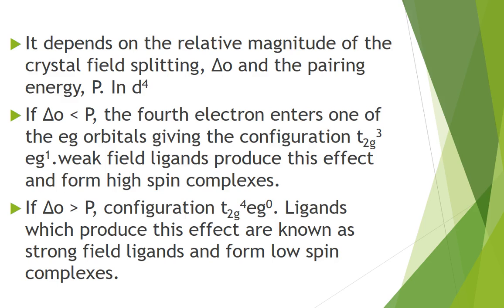If delta O is less than P, the fourth electron will enter one of the eg orbitals, giving t2g3 eg1, meaning the energy required to pair up the electrons is more, so no pairing will take place. However, if the crystal field splitting is more, then the electrons will pair up to form t2g4.